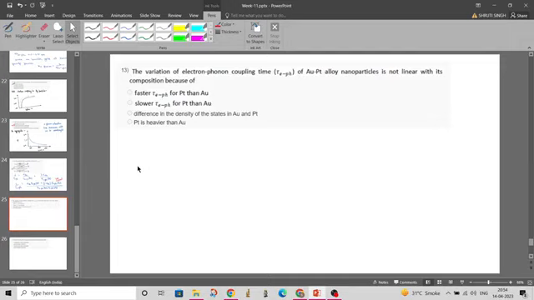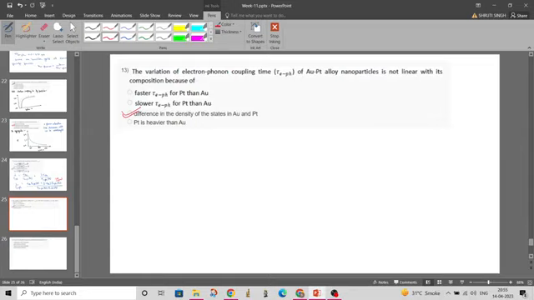The 13th question is, the variation of electron-phonon coupling time of Au platinum alloy nanoparticle is not linear with its composition because... The answer is it's not linear because there is a difference in the density of states of Au and platinum.